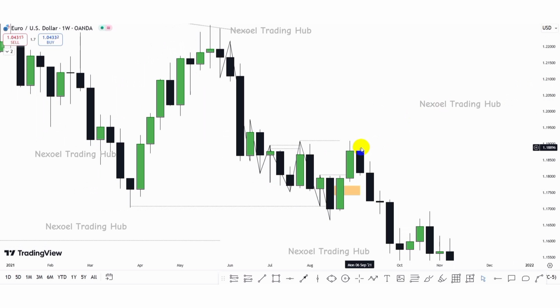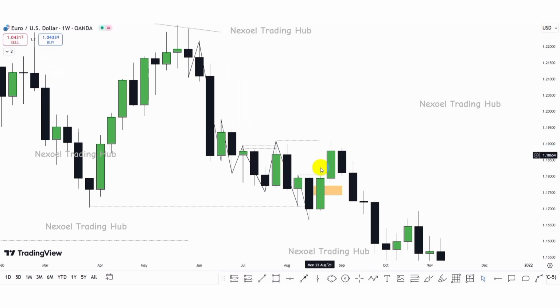To look at possible zones where price will face rejections before reaching the higher time frame zone, the point of interest. So here you can't find the inducement, but when you drop to a lower time frame, you would find inducement.